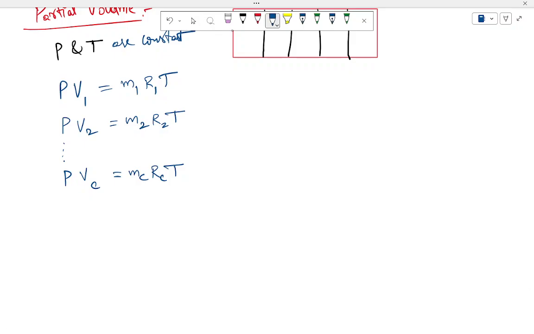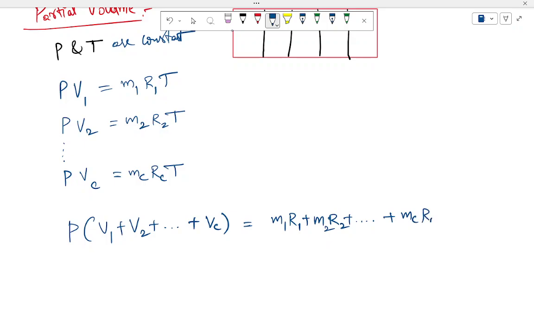Now I will take the sum on the left hand side, with P as a common factor: P into V1 plus V2 plus so on plus Vc equals M1 R1 plus M2 R2 plus so on plus MC RC, into T. So this is the expression that I am getting here in terms of partial volumes.